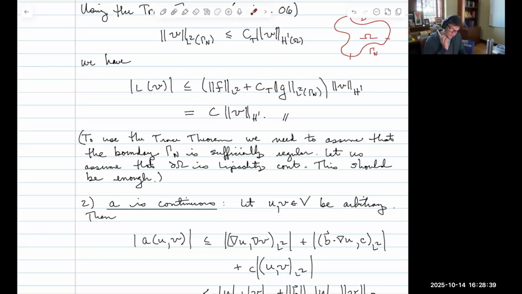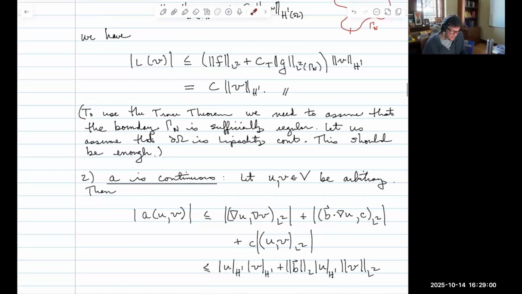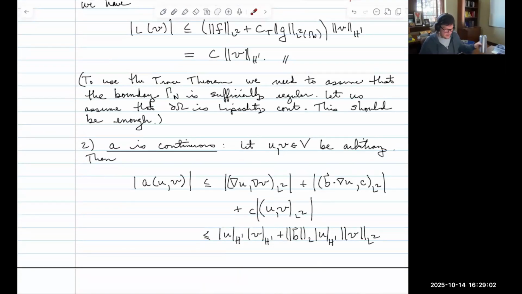It should be good enough if we just assume that the whole boundary is Lipschitz continuous, and maybe one small other detail, but I'm not going to go into that detail here. We'll just assume it's nice enough that the trace inequality can be applied. Okay, so that takes care of the boundedness of the linear functional L.